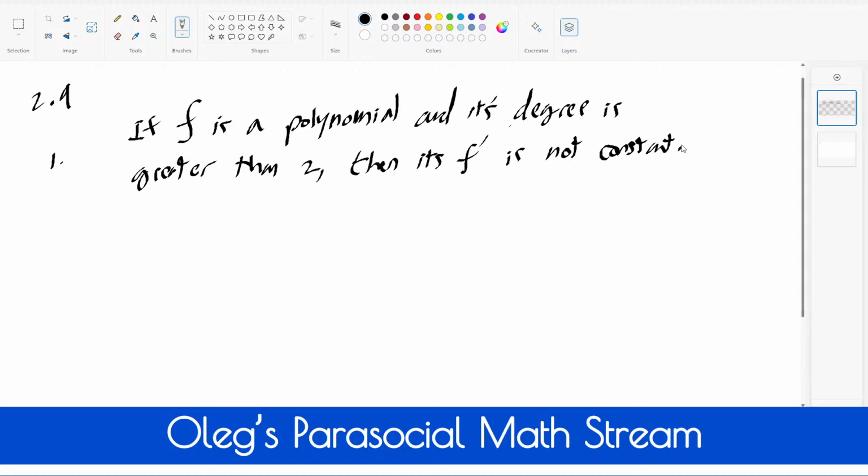All right, so here we go. If f is a polynomial, so let's see here. So we should translate as there exists, f is a polynomial.